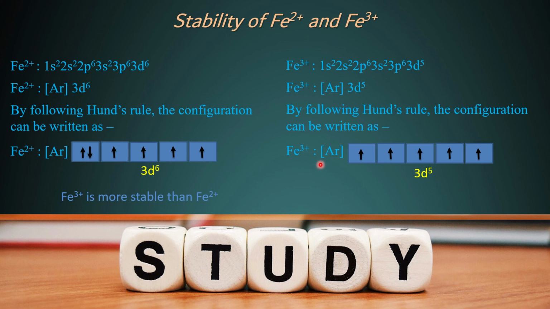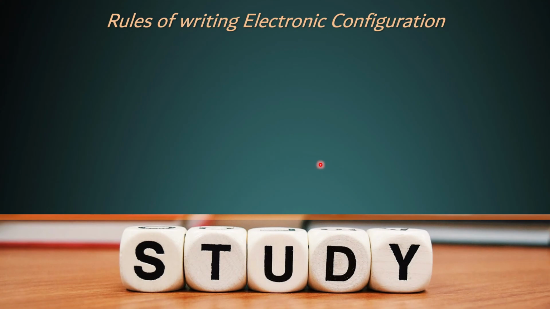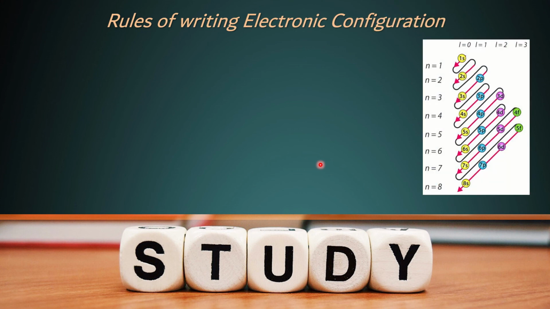than the ferrous ion. Now we will see another electronic configuration, of a comparatively bigger atomic number. So we need this energy serial. If you don't memorize it, then take tin. The atomic number of tin is 50, which means tin has 50 electrons.